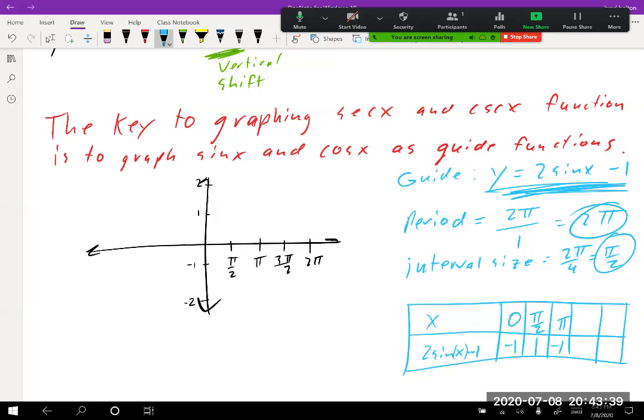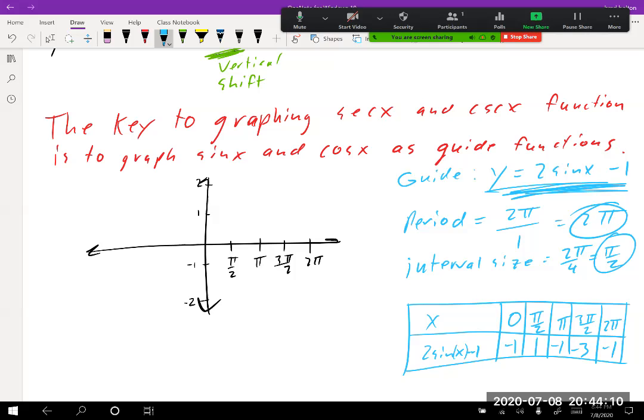Minus 1 is negative 3. And then I'm going to plug in 2 pi, which should be 0. I feel like I made a mistake, but we can go back. Sine of 3 pi halves is negative 1, negative 1 times 2 is negative 2. Okay, we'll see.